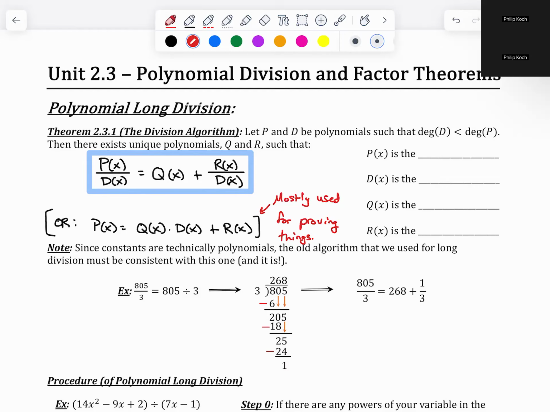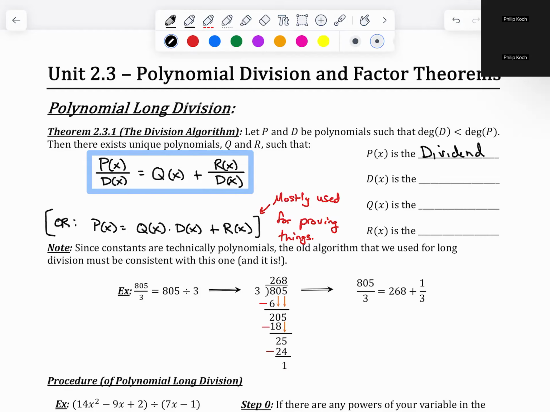So the names of these things are as follows. P of X is called the dividend. Couldn't spell it for a second there. Dividend.